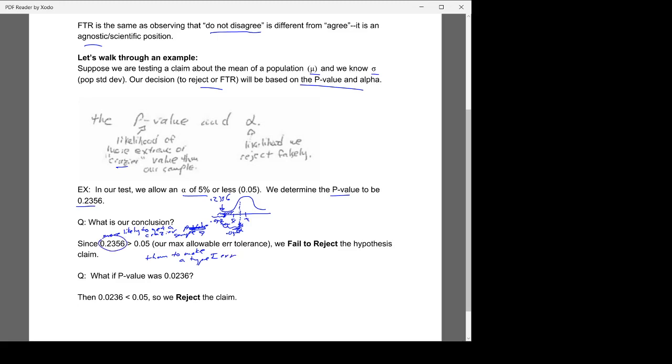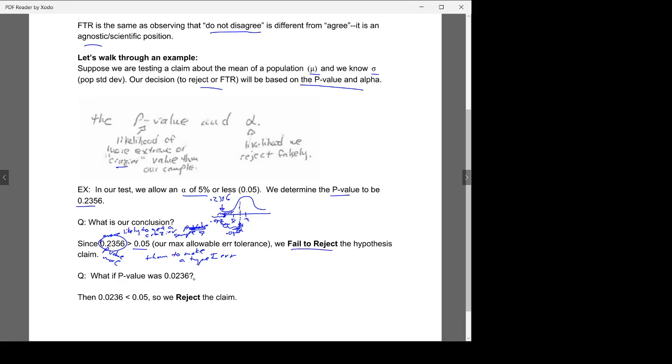So this says the p-value is greater, so we're more likely to get a crazy sample than to make a type 1 error. So we'll fail to reject the hypothesis.